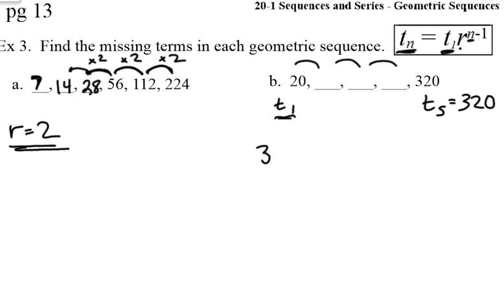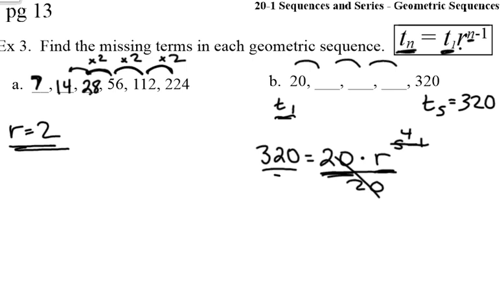So if Tn is 320, first term is 20 times the R value we don't know, but we do know our exponent is 5 minus 1. So from there, now we need to calculate. Well, we know that 5 minus 1 is 4, so R to the 4. I need to get the R by itself, which means I need to get rid of this 20, which I can do by dividing because it's attached by multiplication.